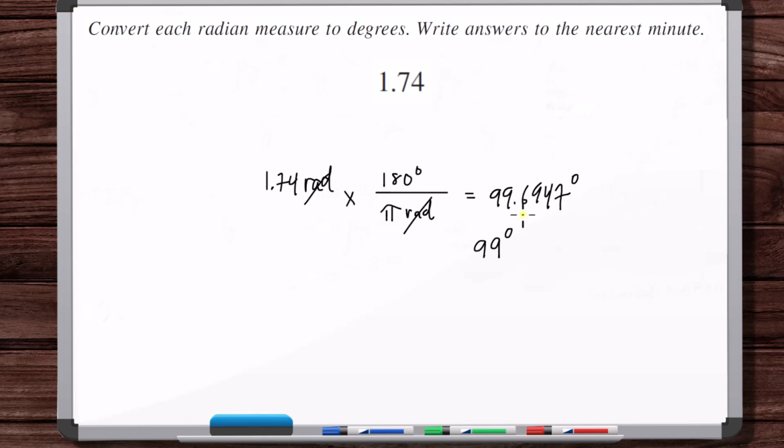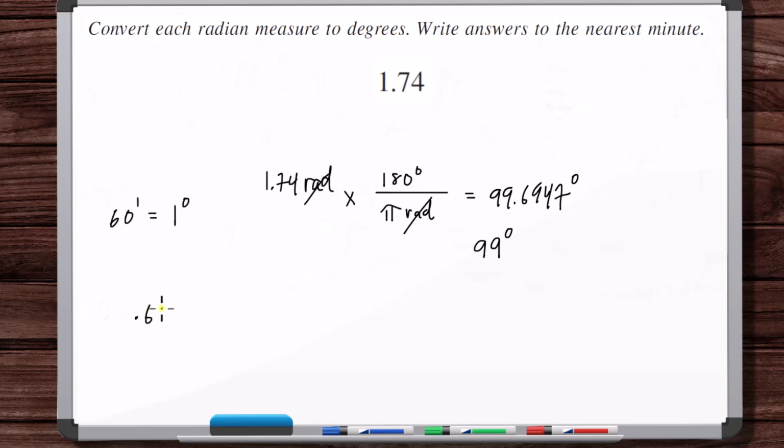So what we're trying to do is convert 0.6947 degrees to minutes, right? So what's a conversion factor for degrees to minutes? Well, we know there's 60 minutes for every 1 degree.